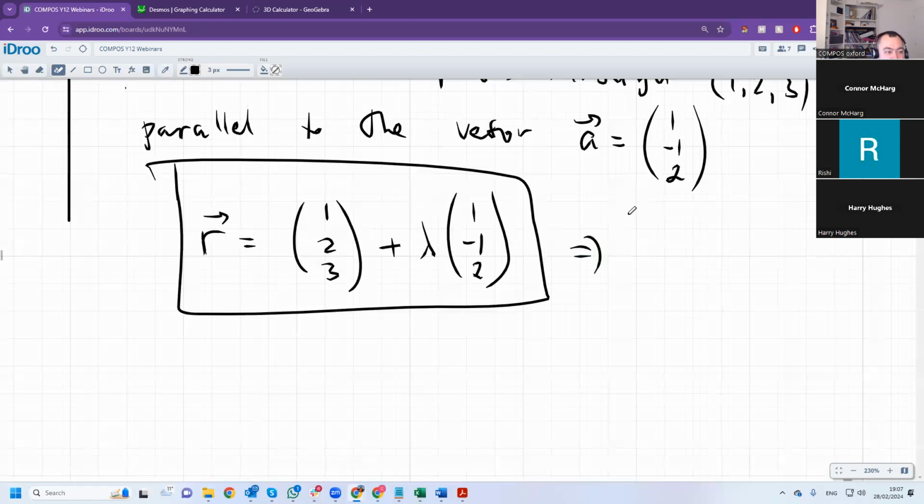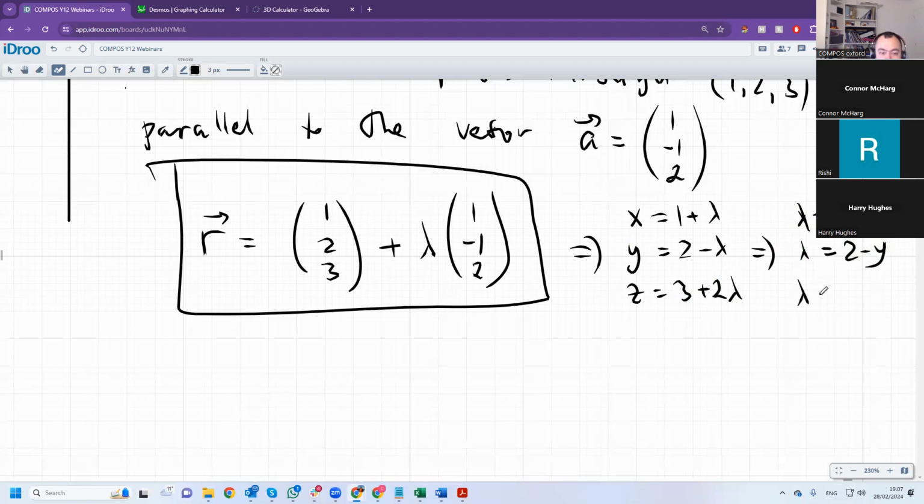So from here, we can write x is equal to 1 plus lambda, y is 2 minus lambda, and z is equal to 3 plus 2 lambda. And from here, I can express lambda is equal to x minus 1, lambda is equal to 2 minus y, and lambda is equal to z minus 3 over 2.